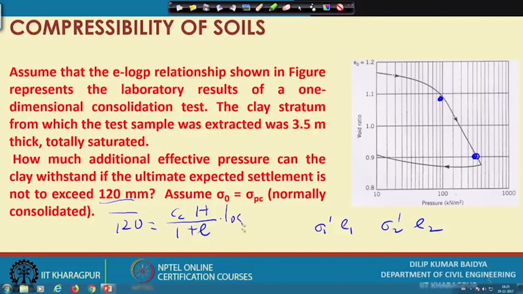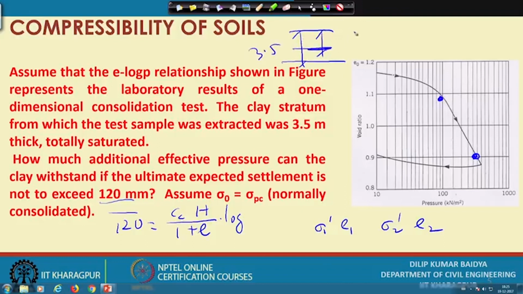into log, actually you can see additional can be. So, the initial pressure is how much? Suppose the soil layer is 3.5 meter thick. Then at the middle what is the effective stress?